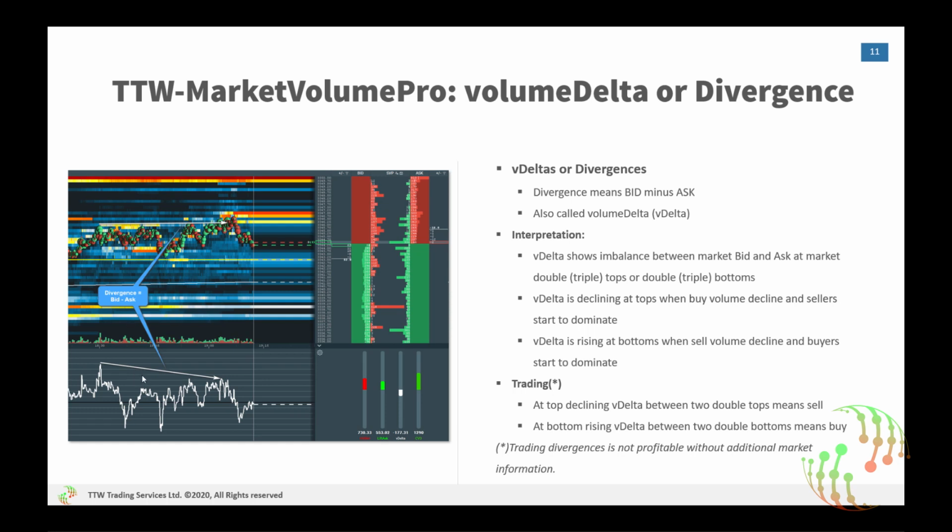At top, declining V delta between two double tops means sell. At bottom, rising V delta between two double bottoms means buy. From my point of view and my experience, trading divergences is not profitable without additional market information.